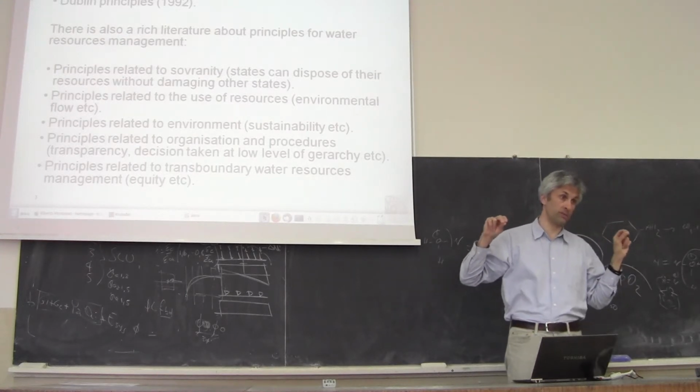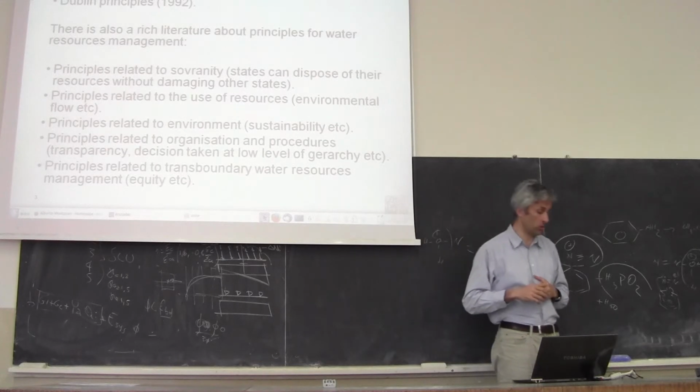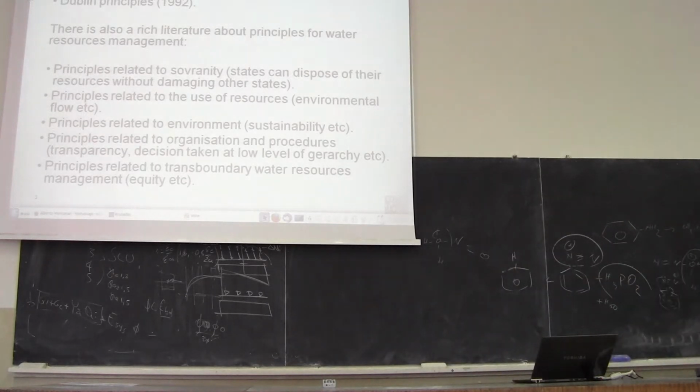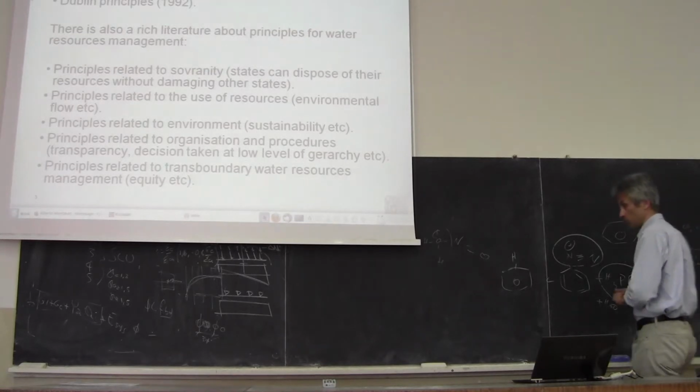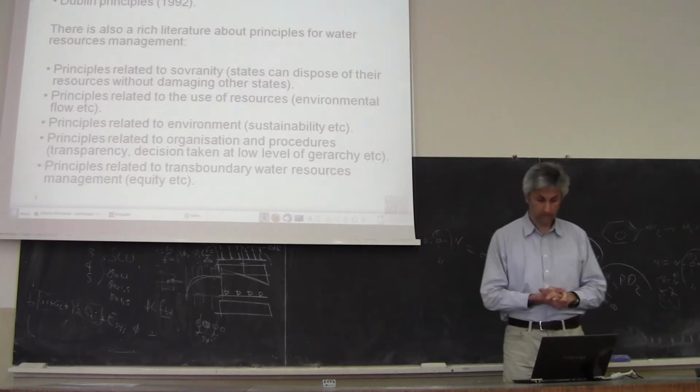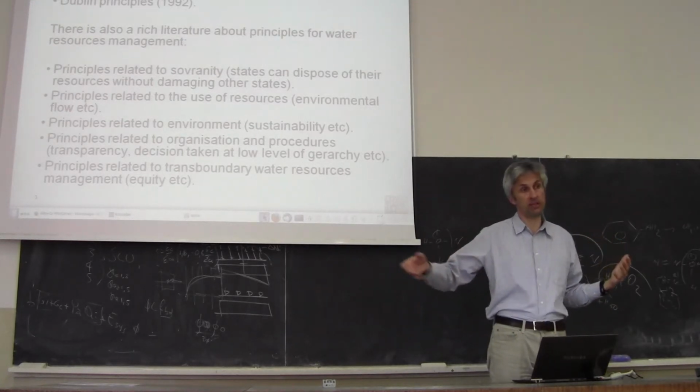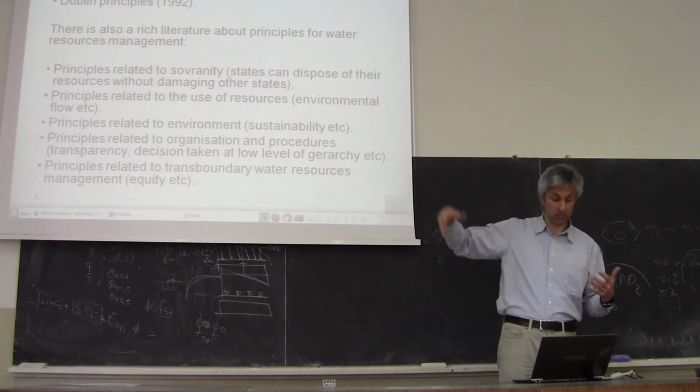The principle of sustainable development, or sviluppo sostenibile in Italian, means that we don't have the right to use all the water, but we should put into practice uses that don't leave damage to the environment and future populations. The principle related to environment and sustainability is very close to the second principle.